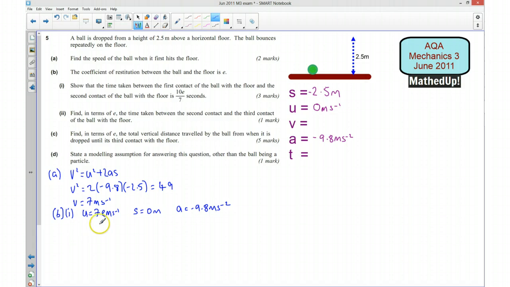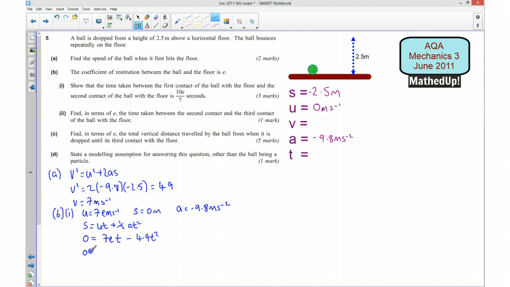So I want to know the time taken, so I'm going to use the formula s is equal to ut plus half at squared. I know the displacement is 0, so 0 is equal to 7et, and the acceleration is minus 9.8, so half of that is minus 4.9, so we have minus 4.9 t squared.